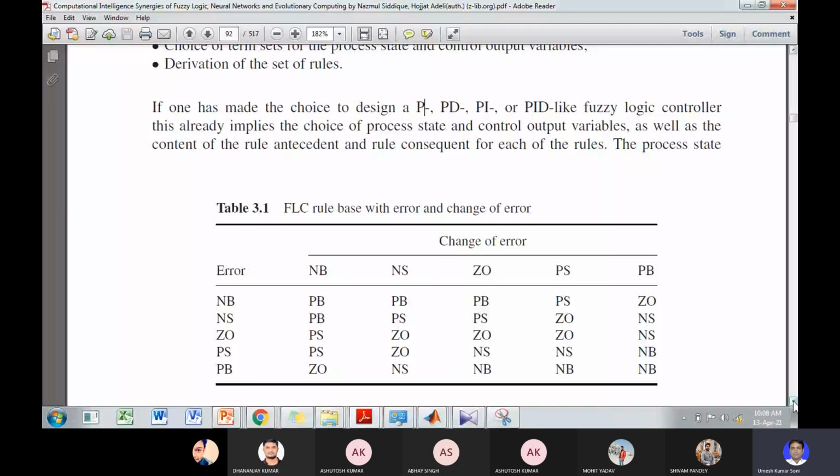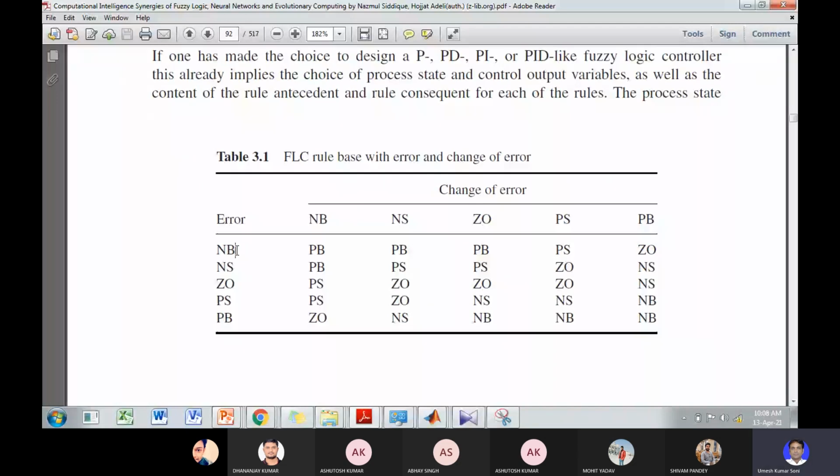So here one example is there. Suppose we have a negative big error, and suppose negative big error means the reference is negative and actually the speed is 0 at that time. And the change of error is negative big, meaning the error is increasing in the negative direction, or you can say that negative big error is increasing.